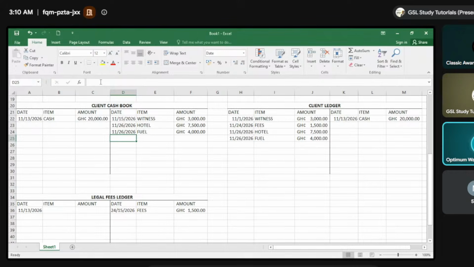So that means it's 3 days. So it means the senior partner attended cross-examination sessions in Cape Coast and paid. So it's 3 times 2,500. And then there's an extra 1,000, right? Yeah. Okay.